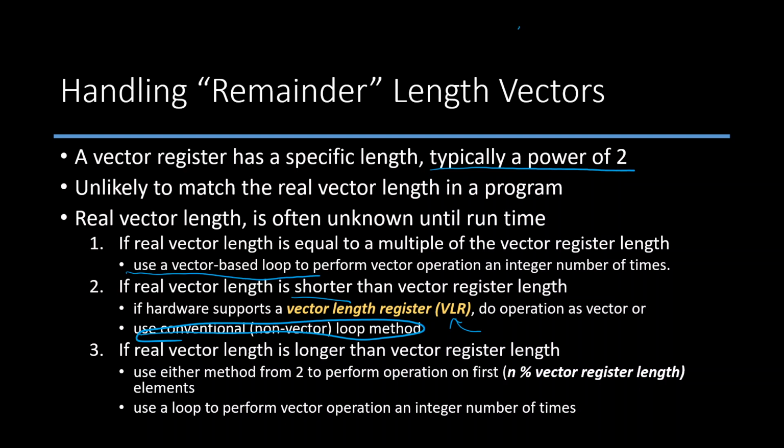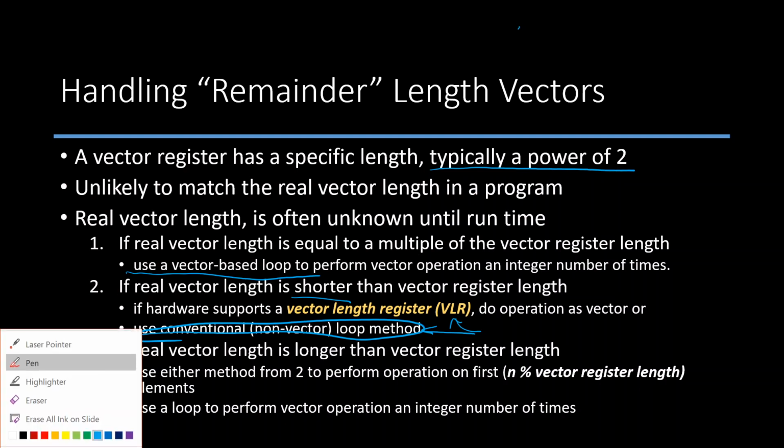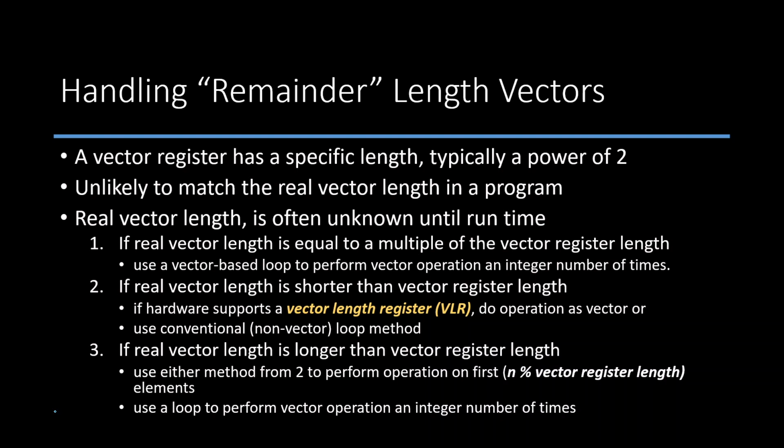It is simply a register which identifies the number of elements to perform the process on inside of the vector register. Kind of helps us out, but more often than not, we won't have a vector length register, and we'll have to just perform the operations using the non-vector loop method. Just create a loop as we normally would have.